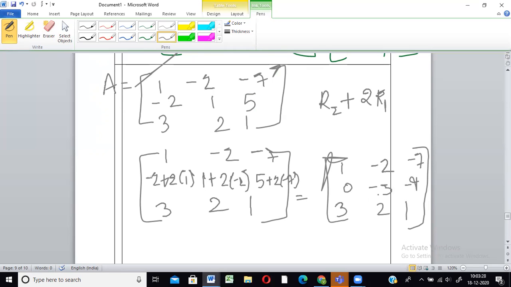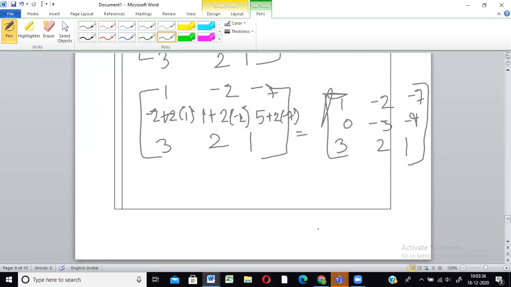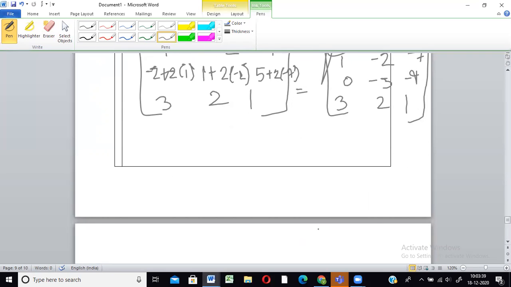Okay. So now the other type is a question like this, where you have to individually think which transformation will be suitable for this type of matrix. Now here it is not directly given to us.